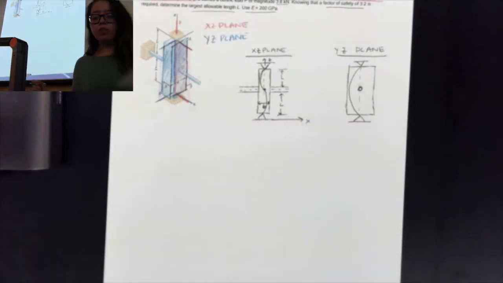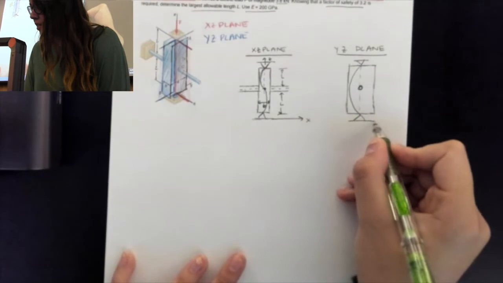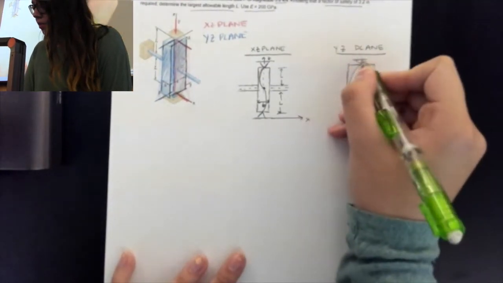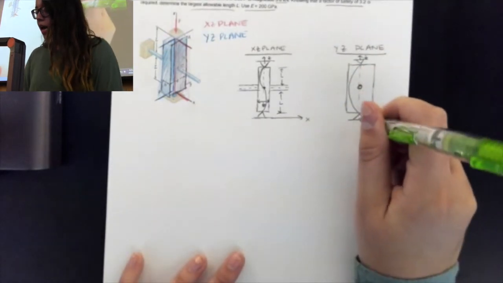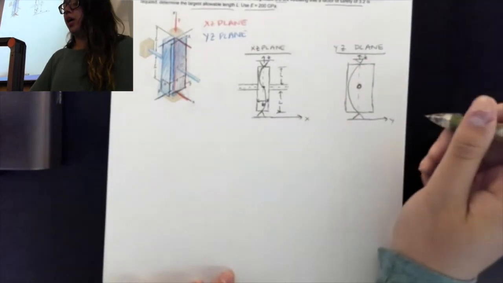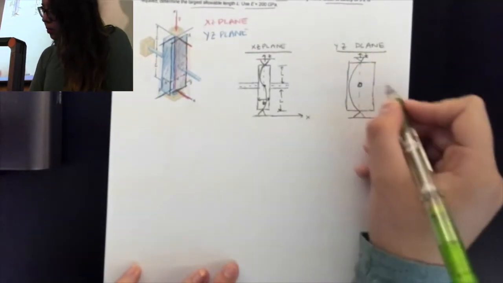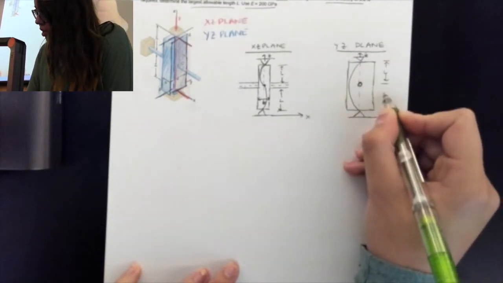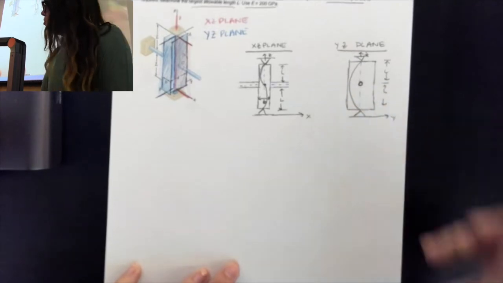So what axis is this coming out of the side? Y, right? And this one's our Z. Which one is coming out of the page on this picture? X. We want to label the rest of our lengths. This one's L. This one's L.